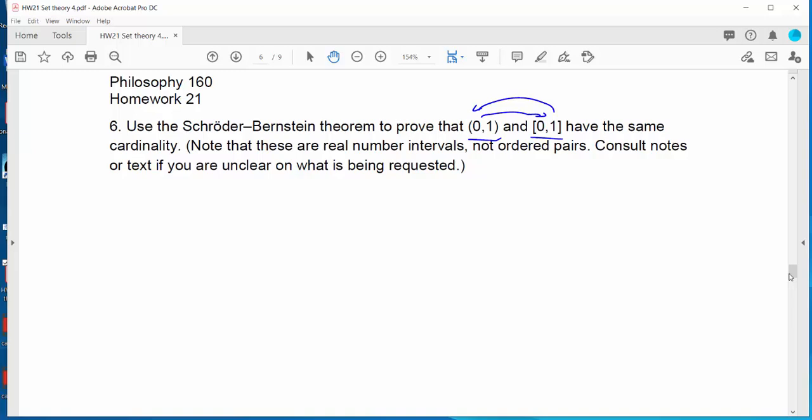You just have to come up with some f of x that maps 1, 0, and everything in between into the open interval 0, 1. And if you think about that for a little while, you'll realize that the best way to do that is with a function that involves some kind of fraction.